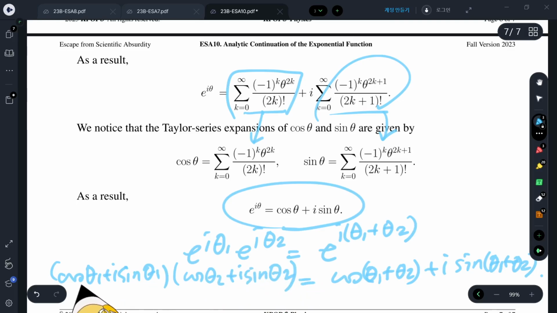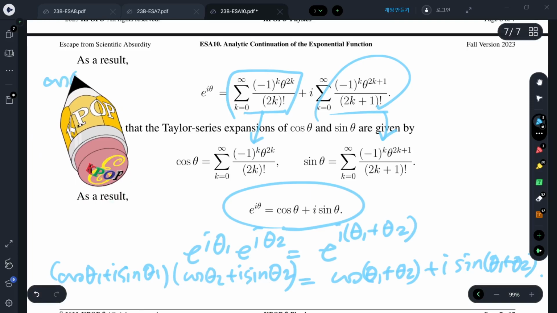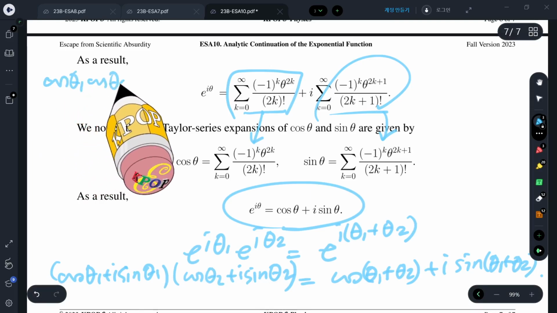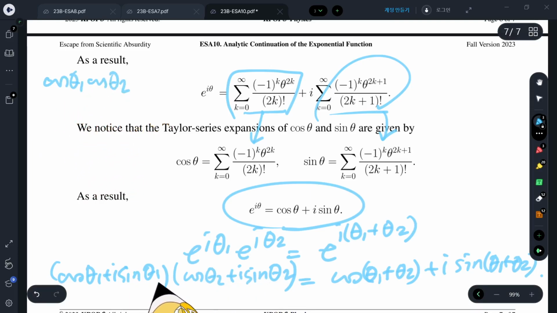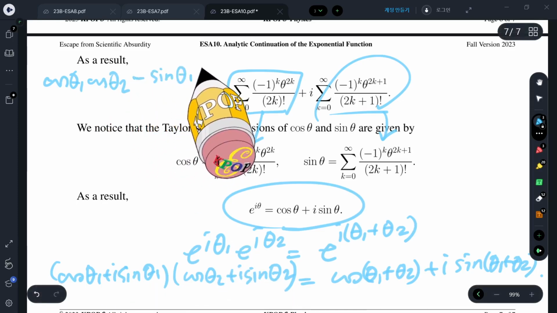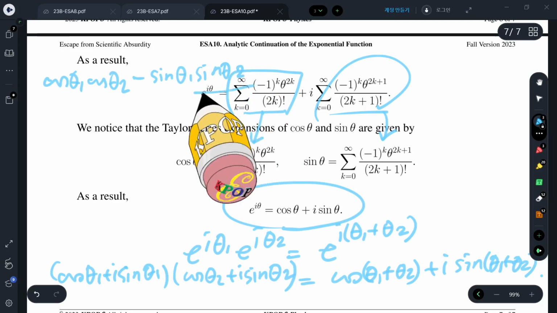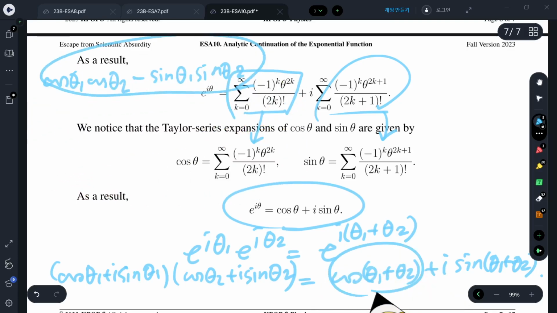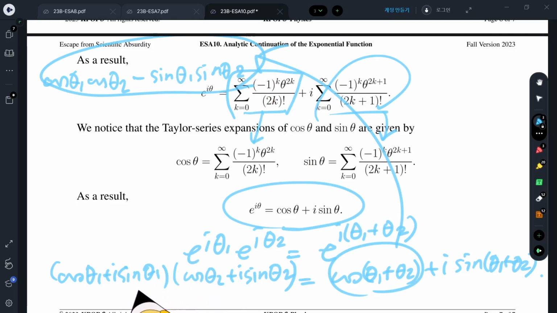What is the real part? Cosine theta 1, cosine theta 2, and the sine times sine has i squared, minus sine theta 1, sine theta 2. So this is the real part. That is the same as this. And then what about the imaginary part?